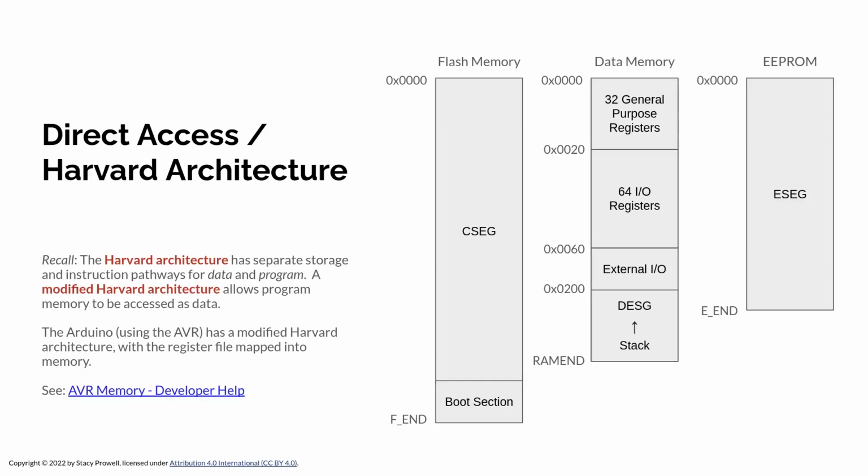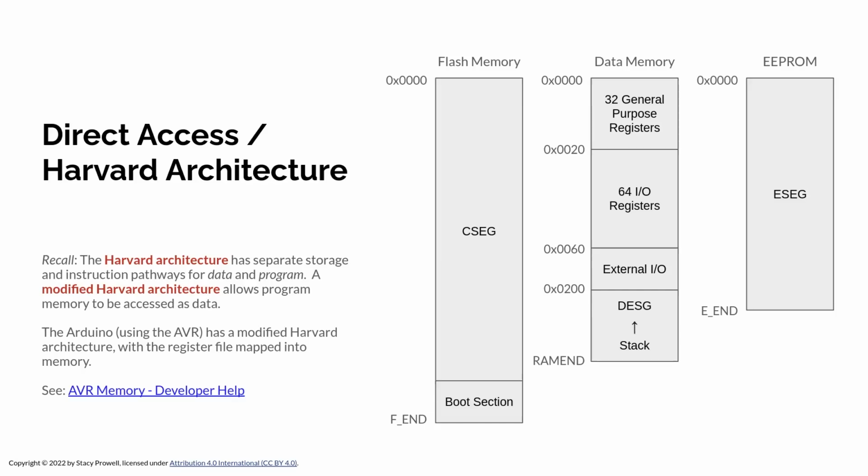So there's also our friend, the Harvard architecture. You remember the Harvard architecture separates, or tries to make a separation, between program memory and data memory. An example of a chip using the Harvard architecture is the AVR. The AVR you might know as the chip that is in the Arduino.